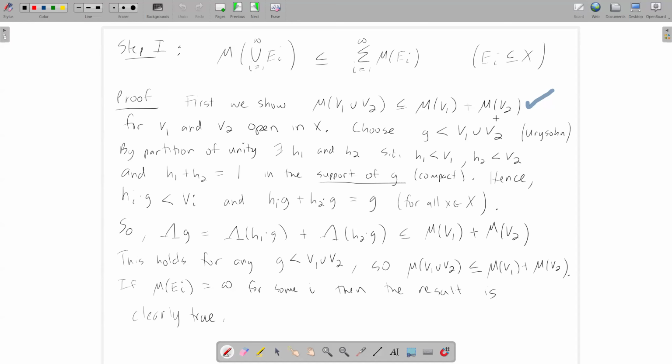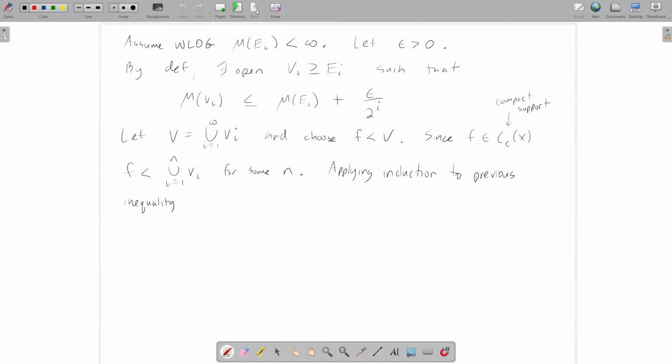Okay, so you probably know, but if you don't know what it is, basically it's a way of going from a statement like this, that's just about two open subsets, to any number, right? So if this is true, we can then sort of leverage that to say that this inequality holds for any finite collection of open sets. Okay, so if I have a finite union here and finitely many of these open, then I get this inequality. So that's what I'm going to apply now.